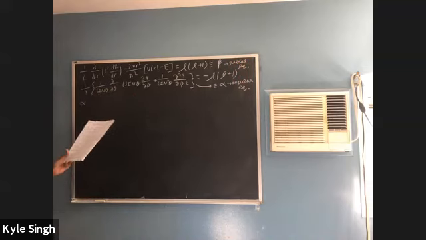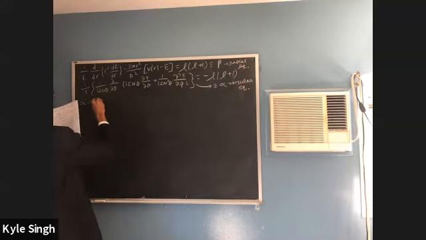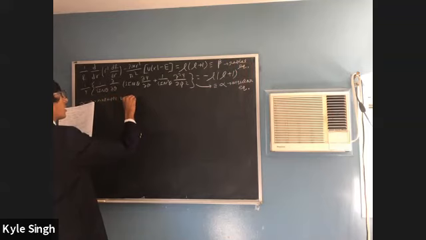So let's look at alpha first, and let's see what we can get. The first thing I'm going to do is multiply by Y sine squared theta.